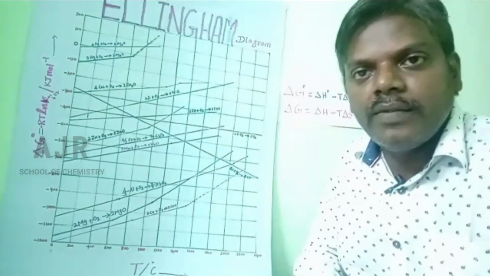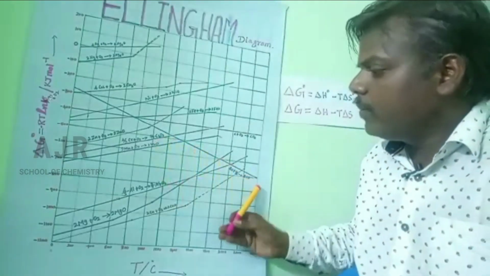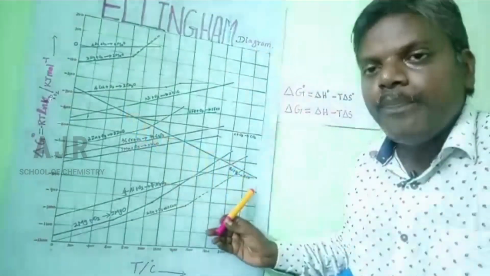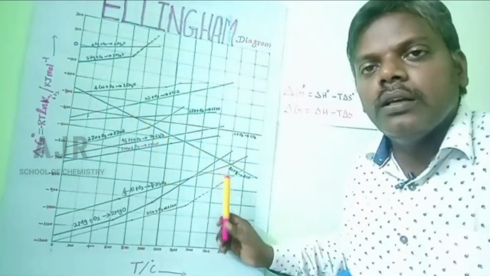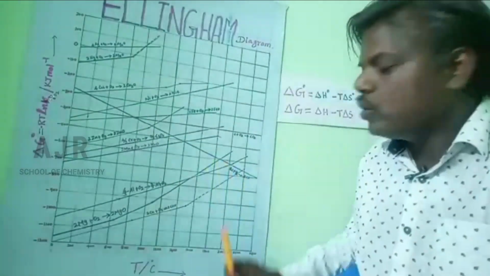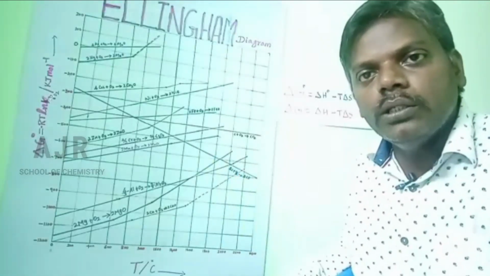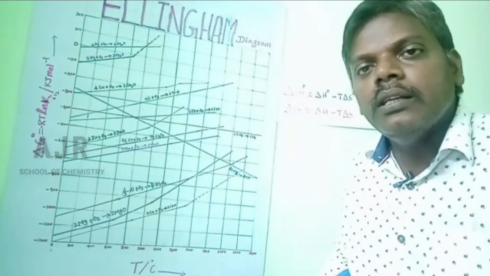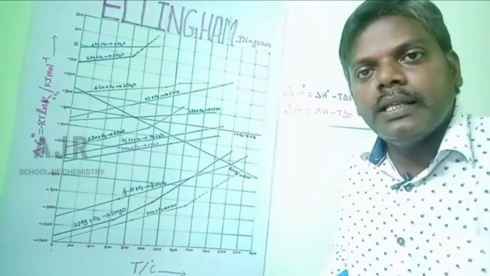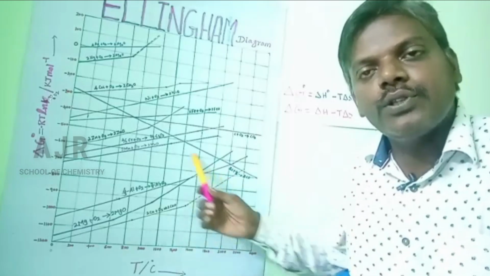And the second observation, for the formation of carbon monoxide, the slope is negative, because 1 mole of oxygen is consumed for the formation of 2 moles of CO, which results in an increase in entropy. The delta S value becomes positive, and that is why it is a negative slope.